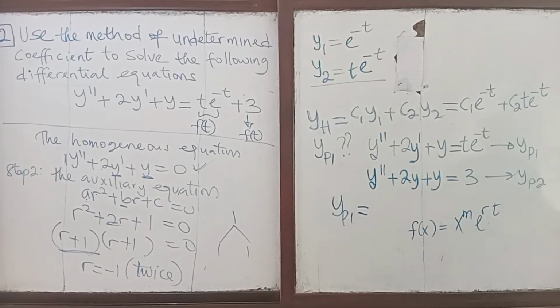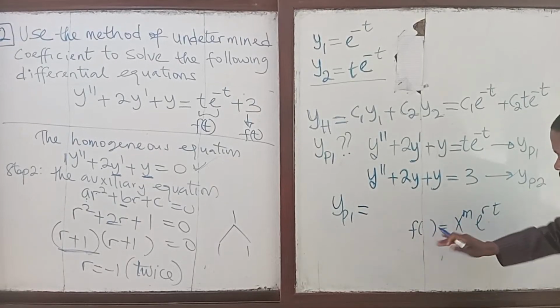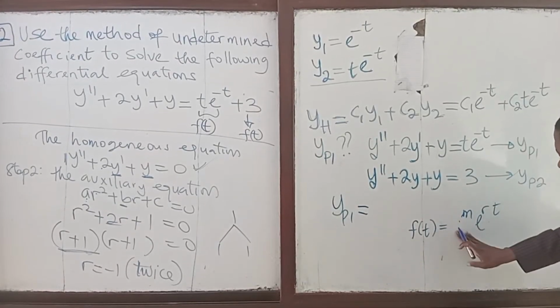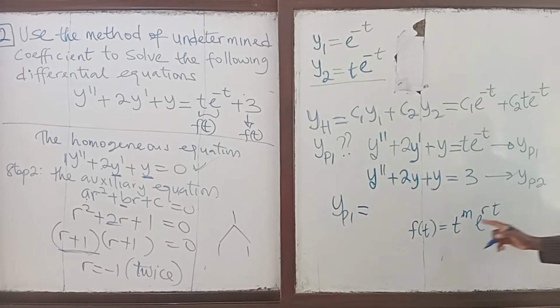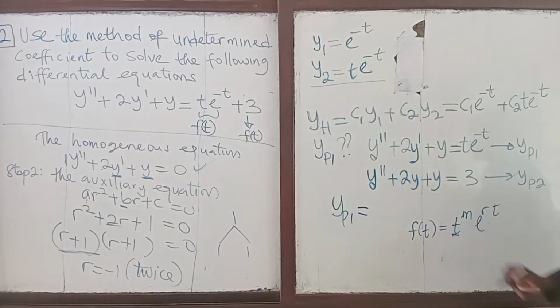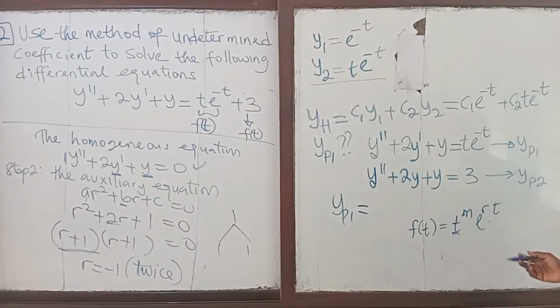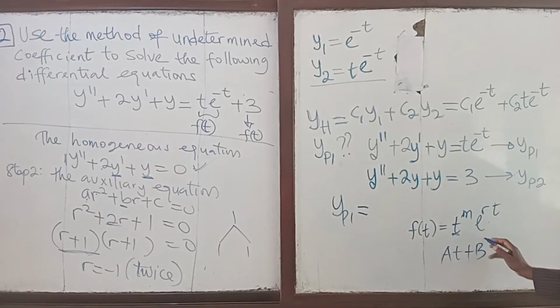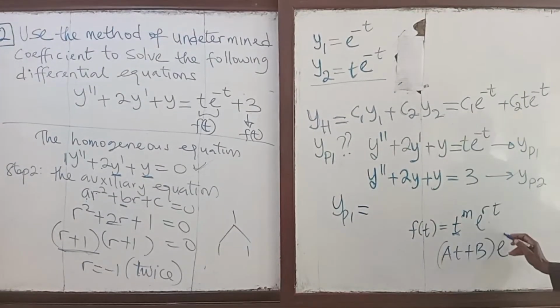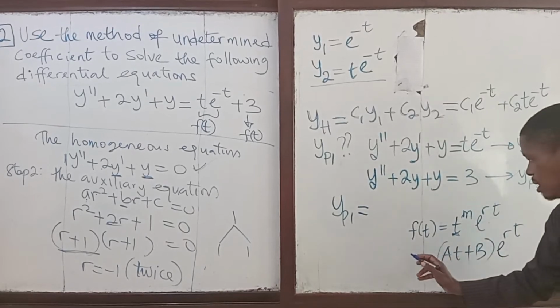But in this case, our function is a function of t, so I'm going to change the x variable to t. If your m is 2, this will give you a quadratic. If your m is 1, that will be of this form, a linear equation. That's your yp1.